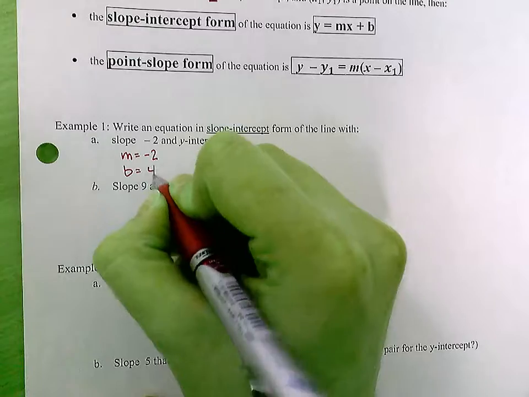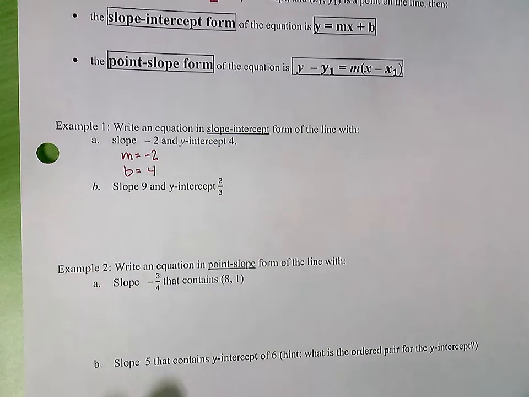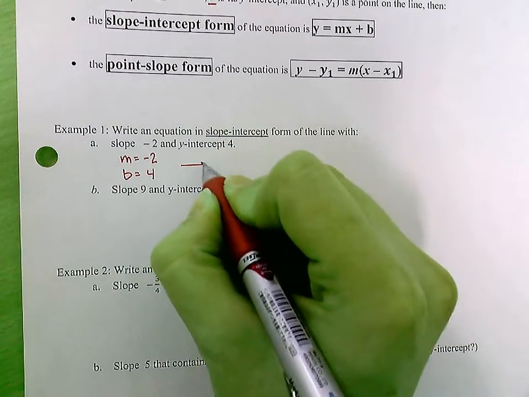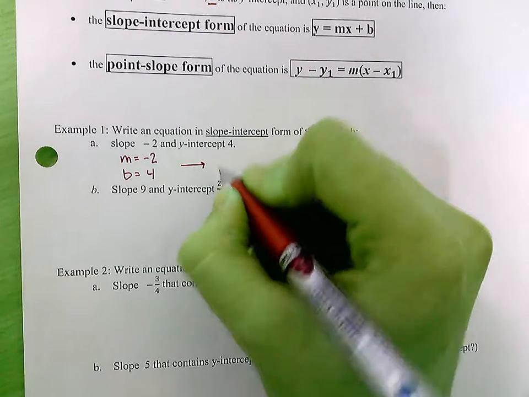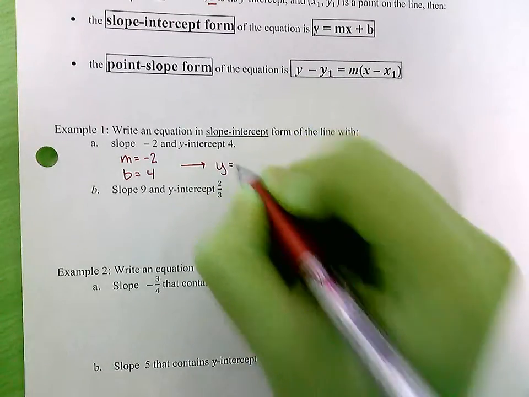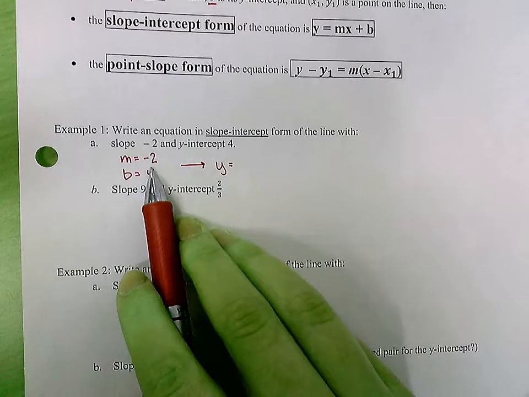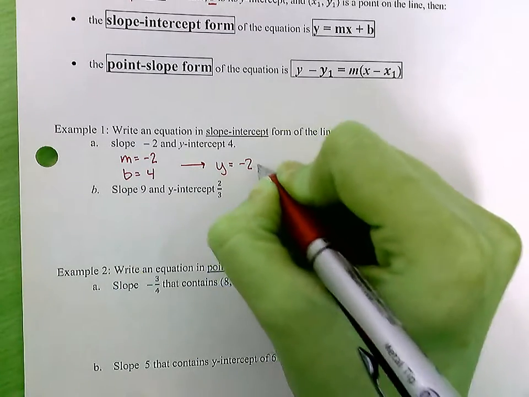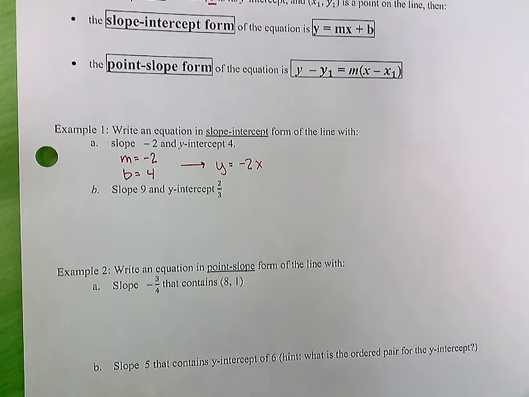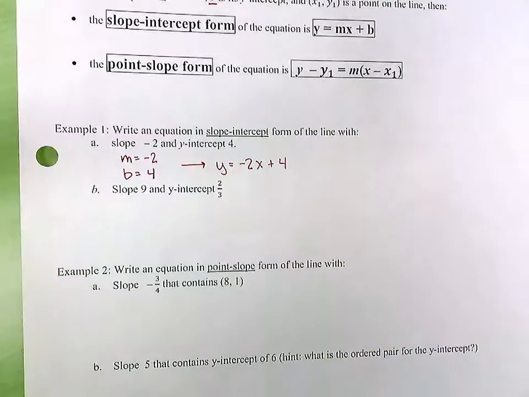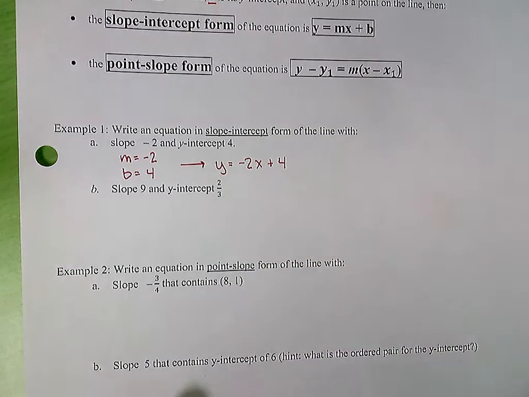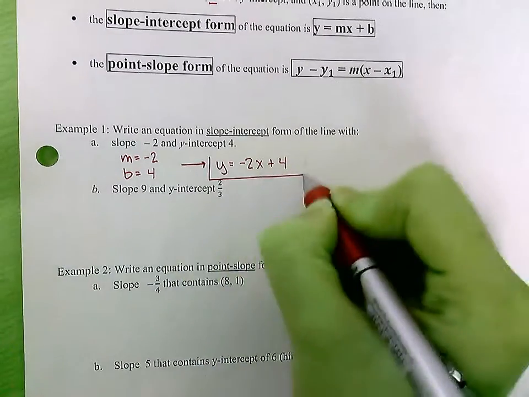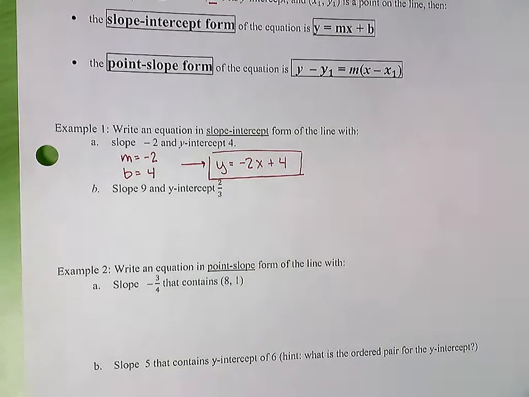That's 4. So we can write out that equation of a line. We'll have y equals, our m value is -2, x plus our b value is 4. That's it.